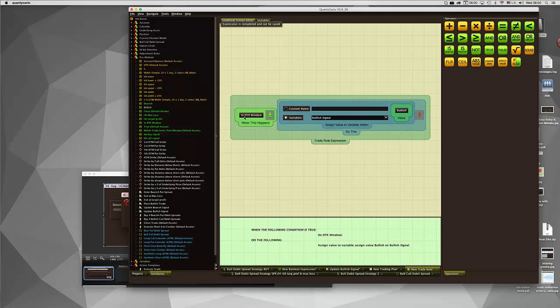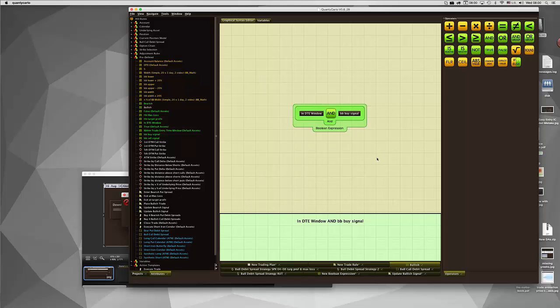Now, at every timestamp we're in this DTE window, the pre-entry rule that I've created is going to assign a value to this variable, bullish signal, based on this logic that I've created. Basically it's either going to be true or false, right?